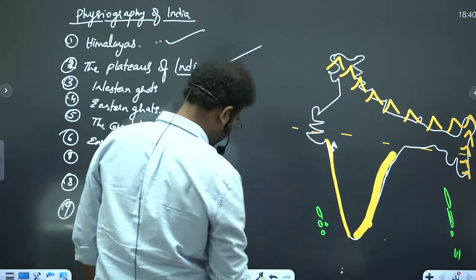Western Ghats, and these are your Eastern Ghats.